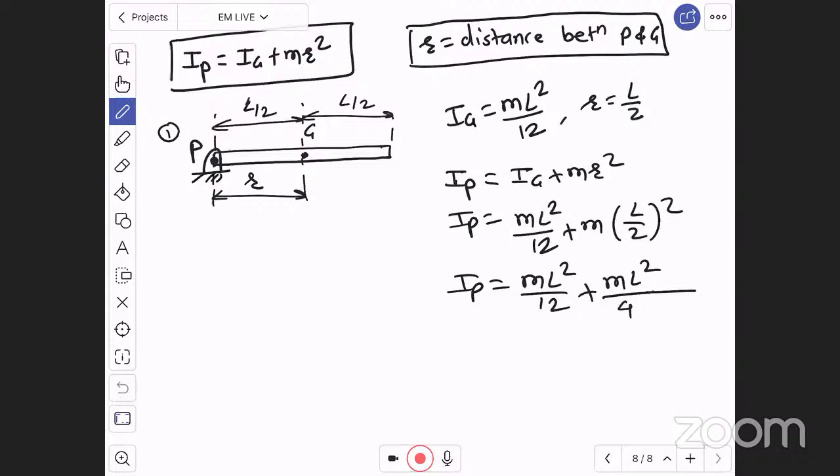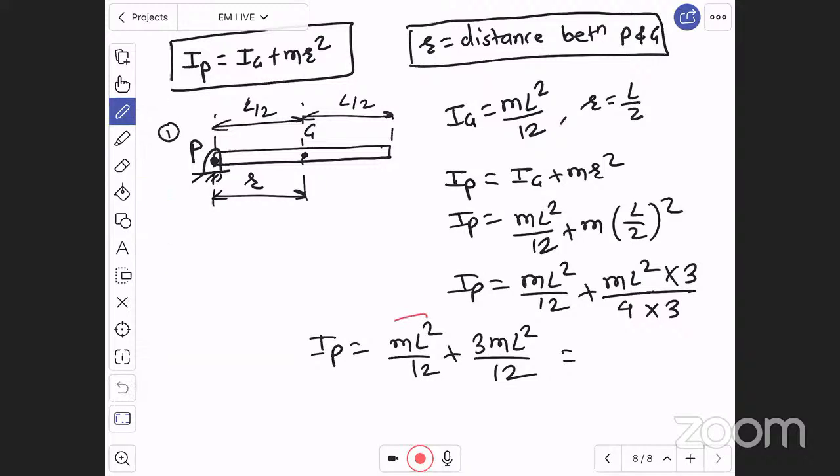Now, if I multiply this 4 with 3, then I have to multiply ml square with 3. न्यूमरेटर में 3 से मल्टीप्लाई किया तो डिनोमिनेटर में भी 3 से मल्टीप्लाई करना होगा. It's obvious, right? Therefore, IP will be equal to ml square by 12 plus 3 ml square by 12. 4 into 3 is 12. Now common denominator. Therefore, it is nothing but ml square plus 3 ml square.